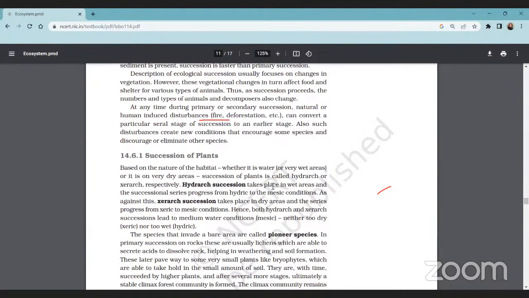Hydrarch succession takes place in wet areas; hydro means water. The succession series progresses from hydric to mesic conditions.